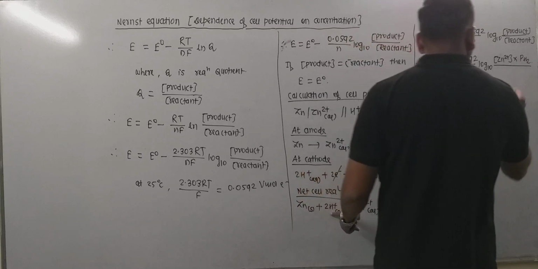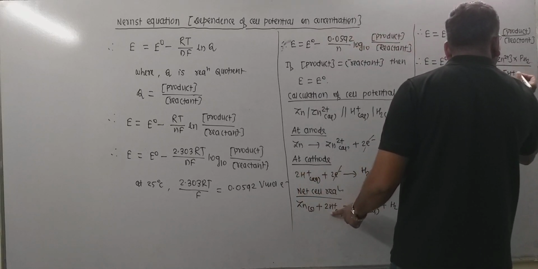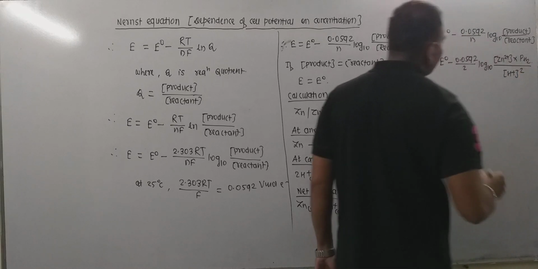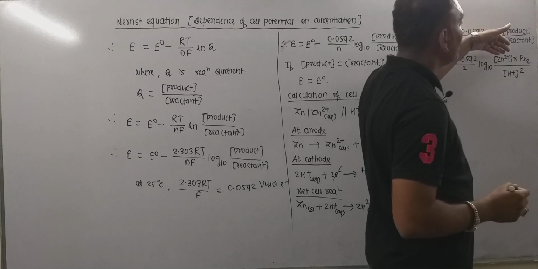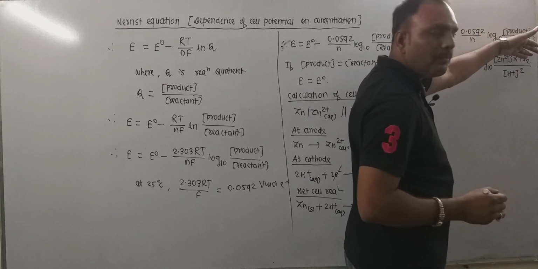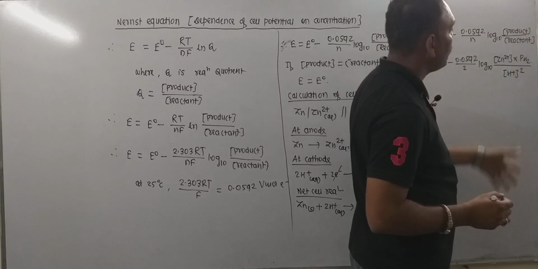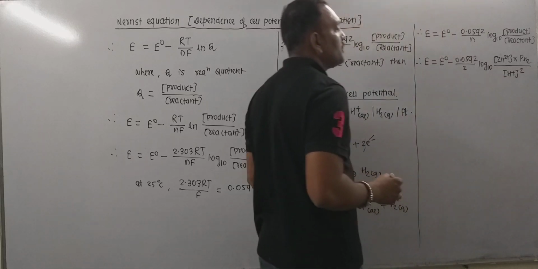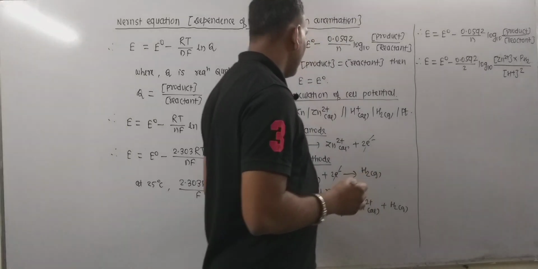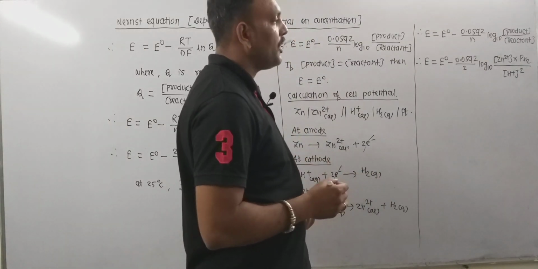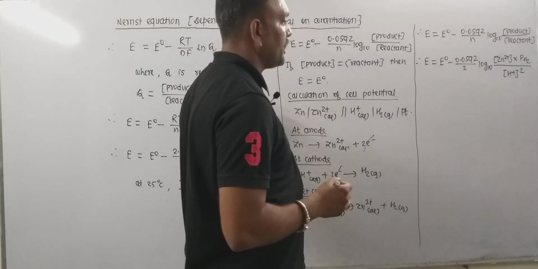Twice H plus, thus it becomes concentration of H plus to the power 2. So by putting these values, I mean concentration of Zn2 plus, pressure of H2 at which it is bubbled, and concentration of H plus, one can get the potential of the given cell. In this way one can calculate the cell potential using the Nernst equation.